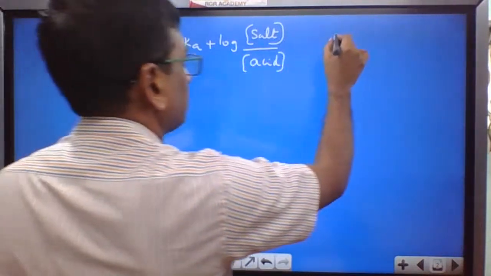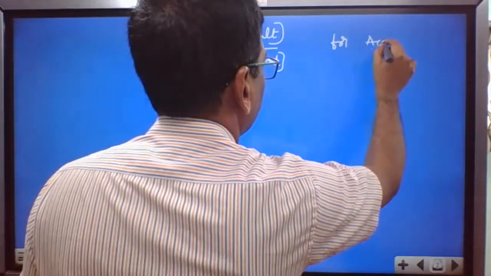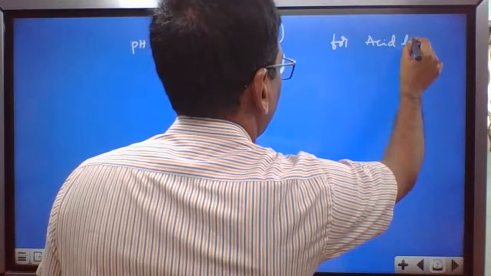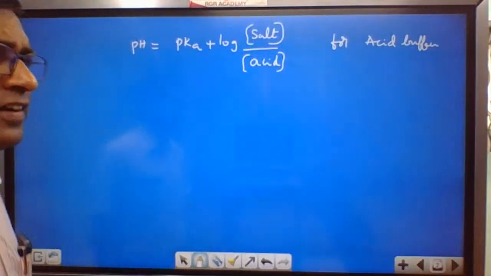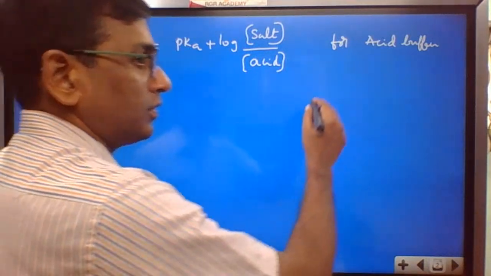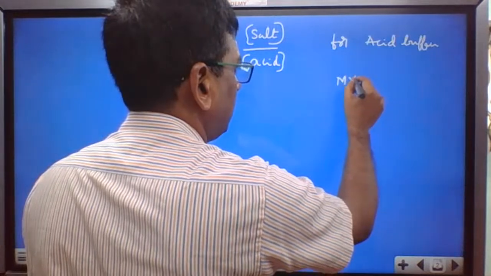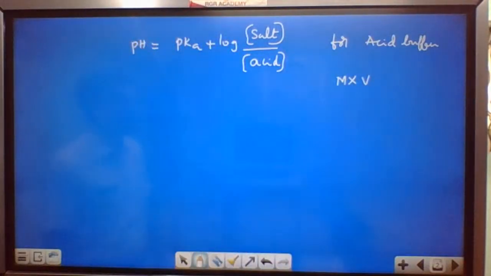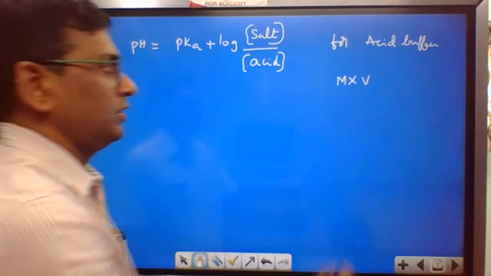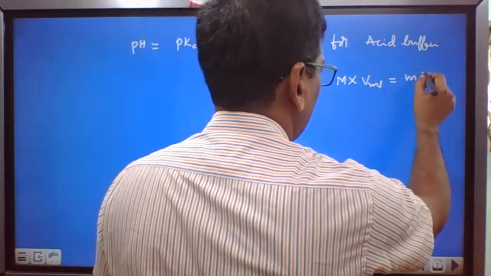This is for acid buffers. You know what is concentration? Concentration is molarity into volume, that will give number of millimoles if the volume is in milliliters.